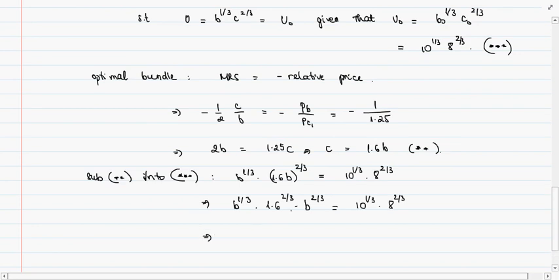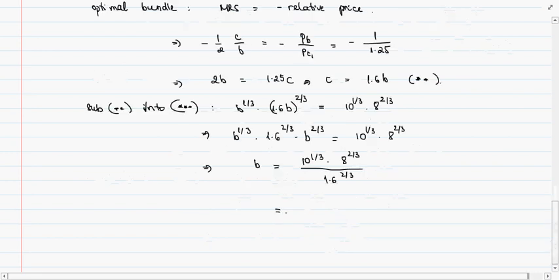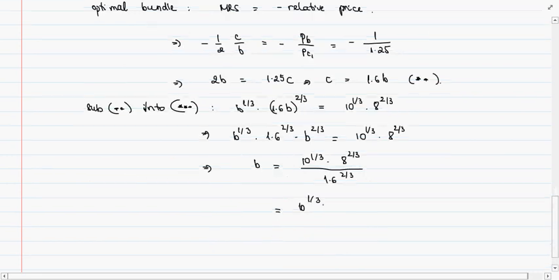Okay, so B^(1/3) times B^(2/3) is going to give me B. And if I move this 1.6 thing to the right hand side, I'm going to get 10^(1/3) times 8^(2/3) divided by 1.6^(2/3). Okay, so my value of B is just 10^(1/3) times (8 divided by 1.6) to the power 2/3.